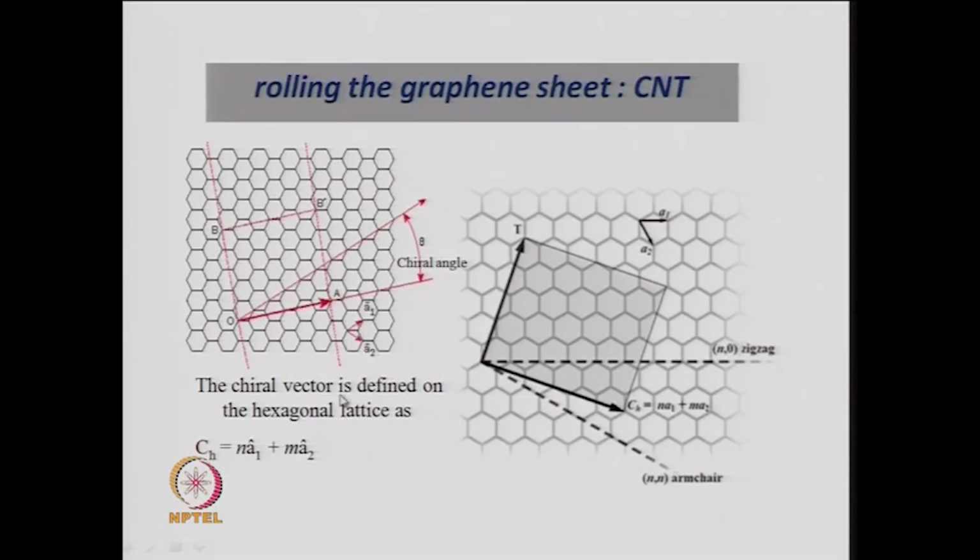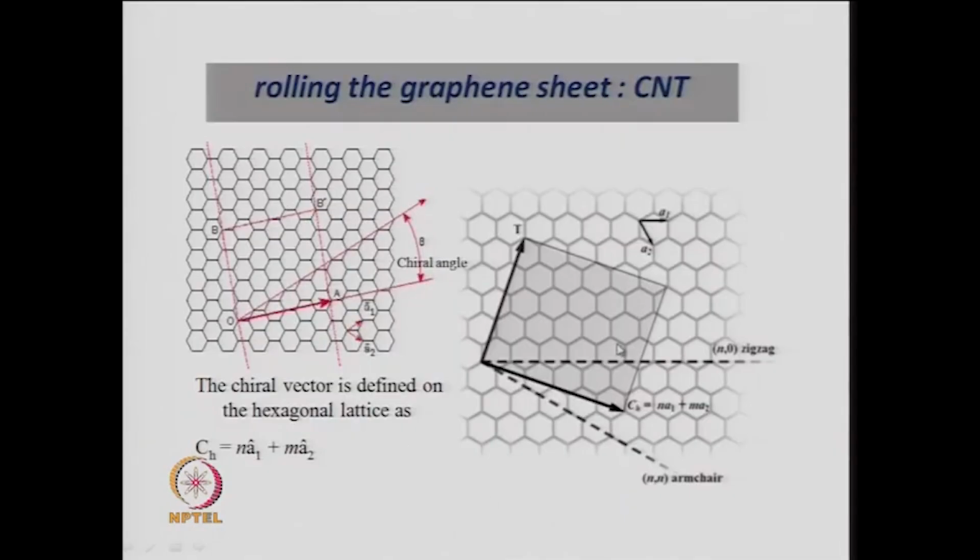The chiral vector will be the resultant vector, which will be the sum of n a1 plus m a2. Depending on these numbers n and m, the chirality is defined.